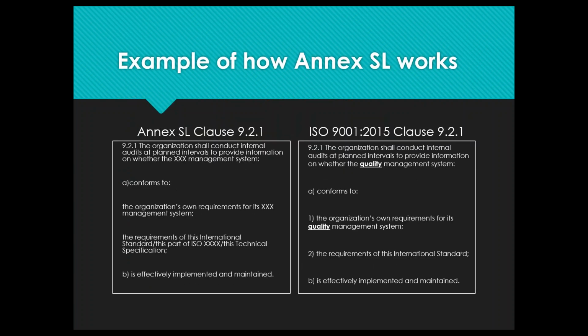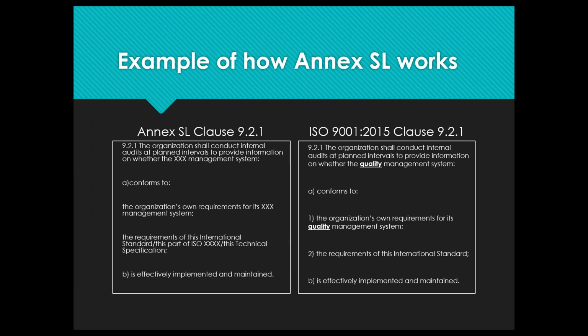Here's an example of how it works with Annex SL. On the left-hand side here, we've got the Annex SL verbiage for section 9.2.1, which is internal audits. And you can see the X's in a couple of places. The organization shall conduct internal audits at planned intervals to provide information on whether the XXX management system.